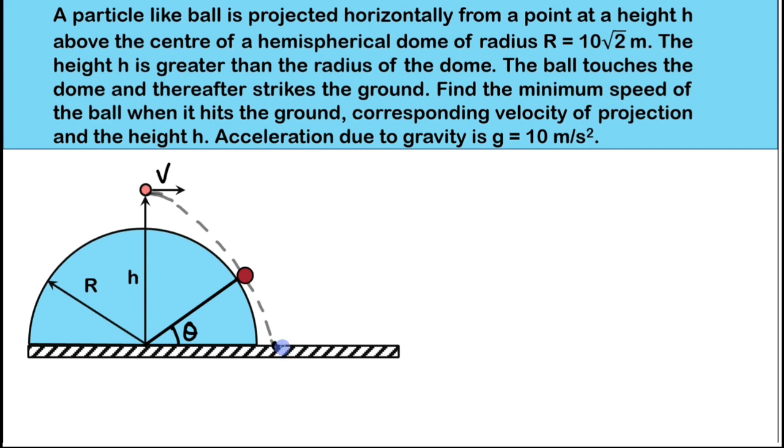One component will be along the horizontal direction, of course, and this horizontal component will be same as v because the horizontal velocity will not change. So this is v, and one component will be in the vertically downward direction, right? So let's assume that the vertically downward velocity is equal to vy, right? So this is equal to vy.